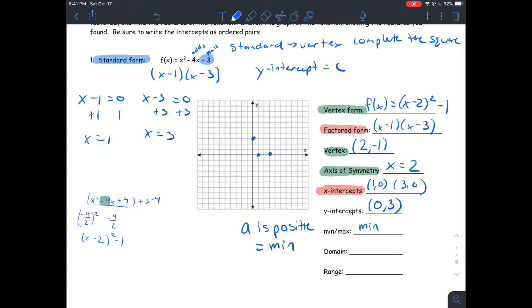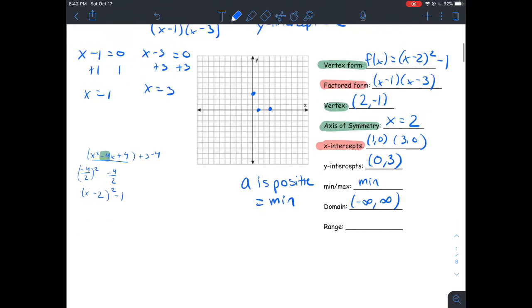Then it asks for the domain. The domain of all parabolas is going to be negative infinity to positive infinity. And then the range. The range depends on whether a is positive or a is negative, right? If a is positive, it's going to start at your y value and go up to positive infinity.